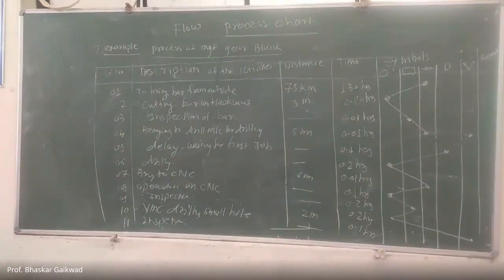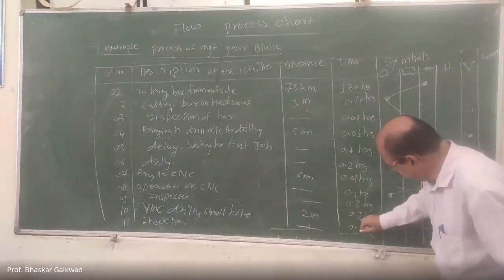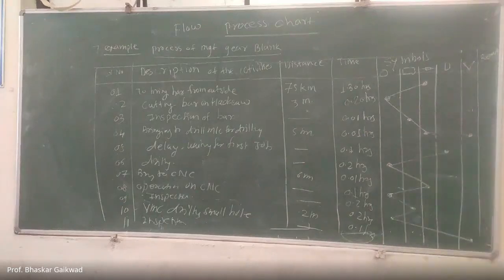Here we have used five symbols and noted the related timings, and if you make the total time of this, you can write the total time here. Whatever total time you get, this is about the existing method.